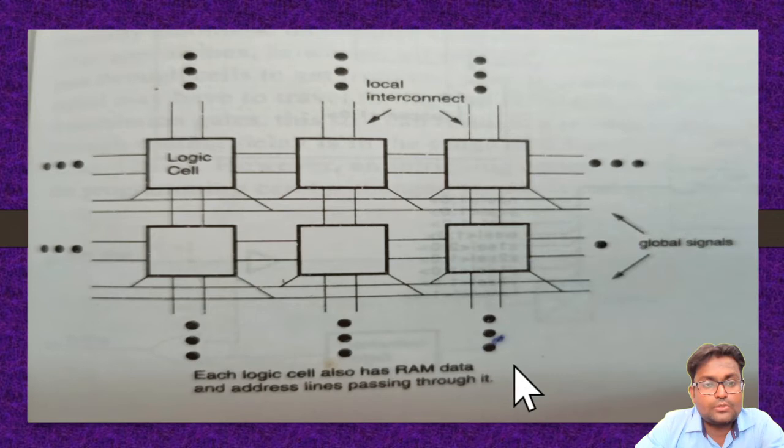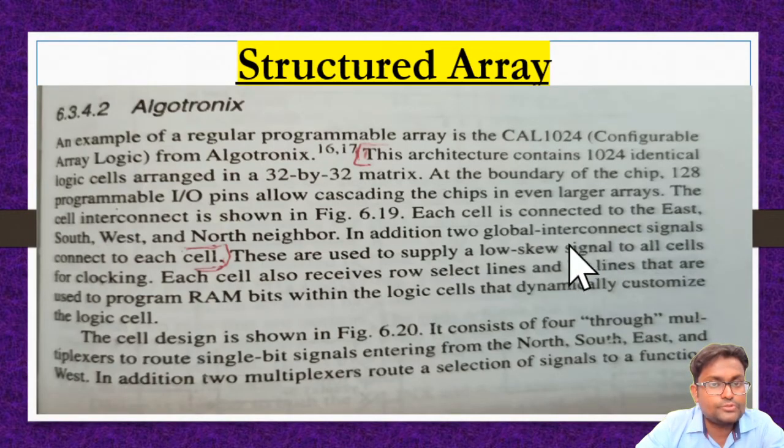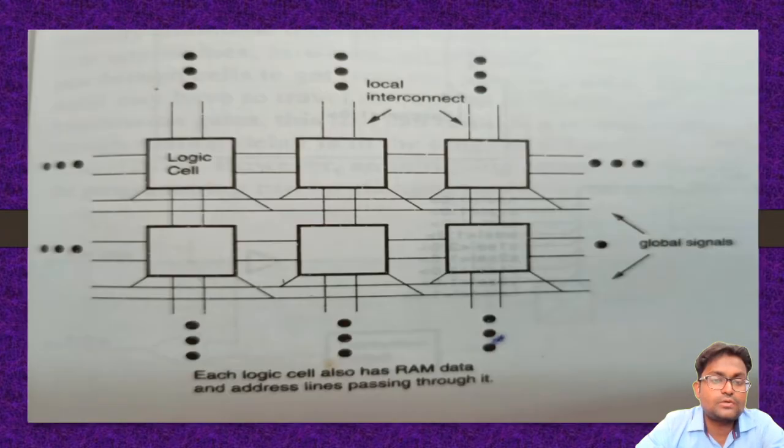When we provide a synchronous clock to all logic cells, at that time some delays are there. These delays are known as low skew. You can find it in your theory portion also. This is also known as low skew signals.